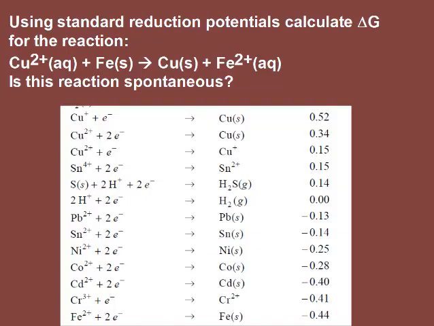So let's use the standard reduction potentials here to calculate delta G for the reaction. Step 1 is calculate your E cell using the standard reduction potentials. Restart when you have your E cell for the reaction.